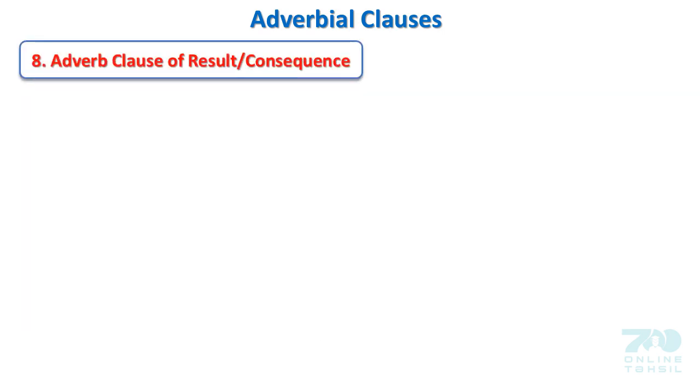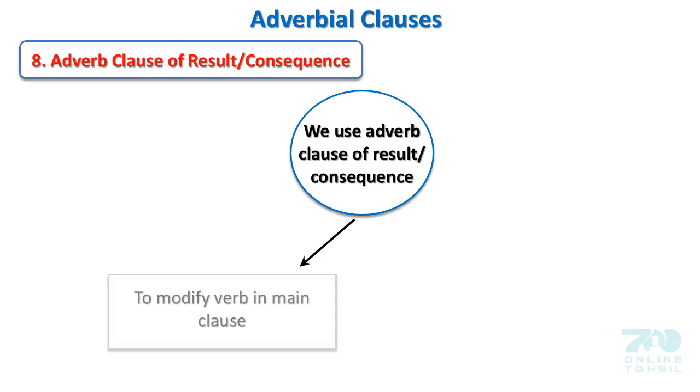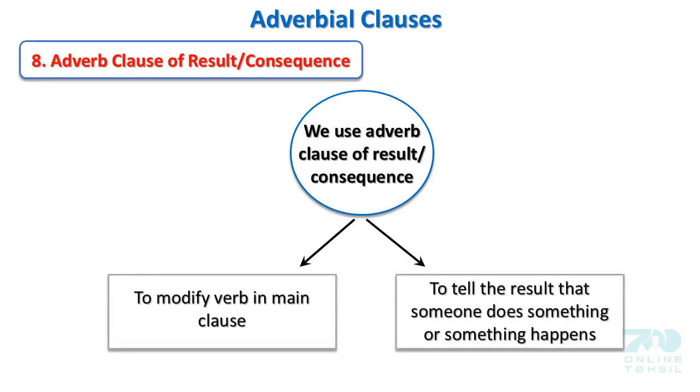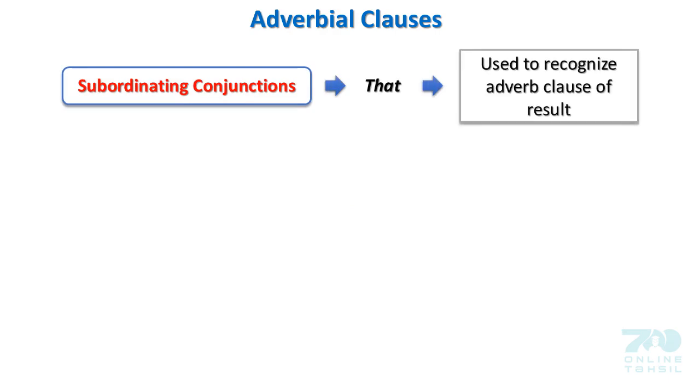8. Adverb clause of result, consequence. We use adverb clause of result, consequence, to modify a verb in main clause and to tell the result that someone does something or something happens. Subordinating conjunction: that, is used to recognize adverb clause of result.